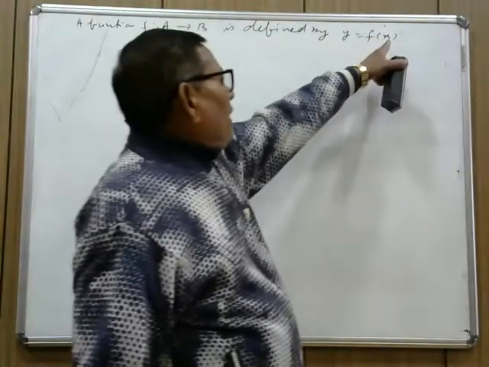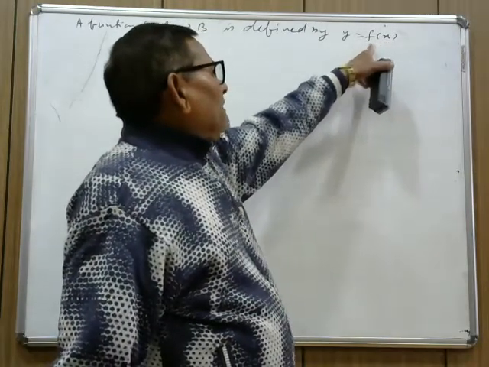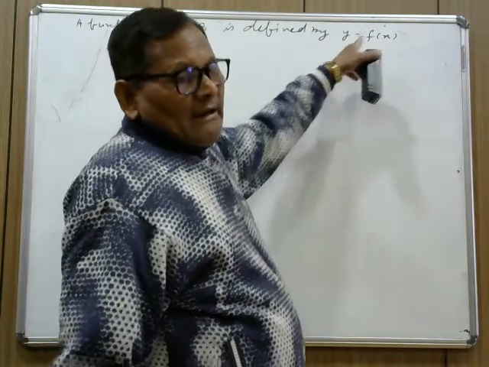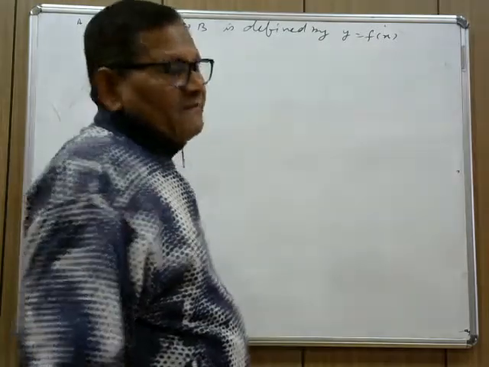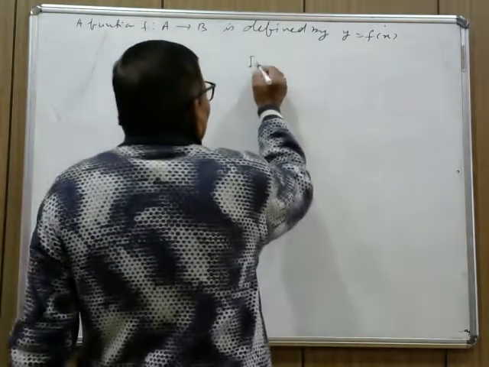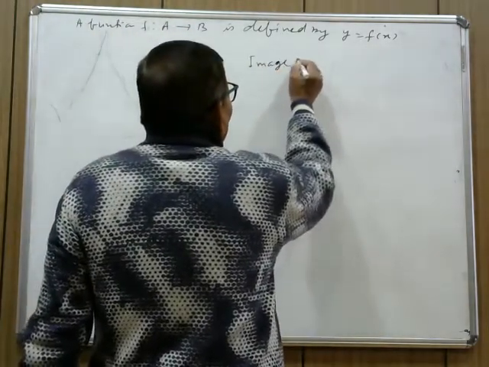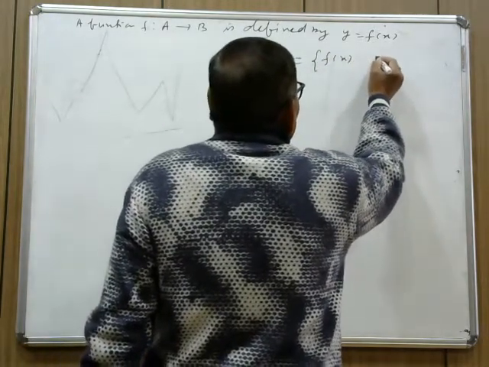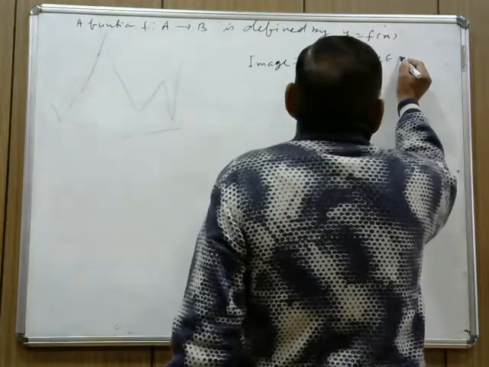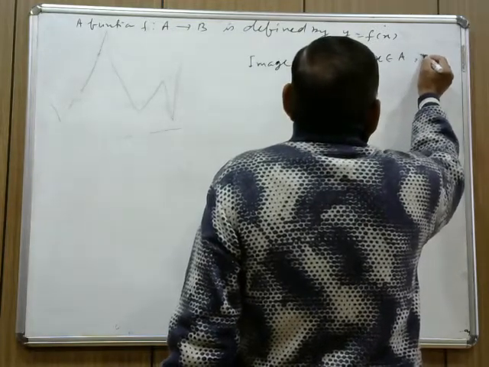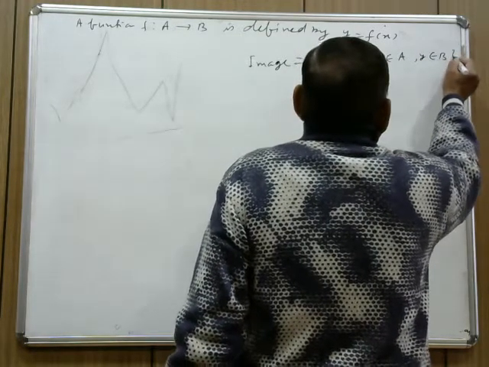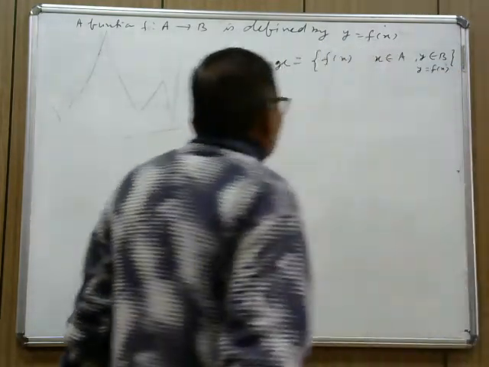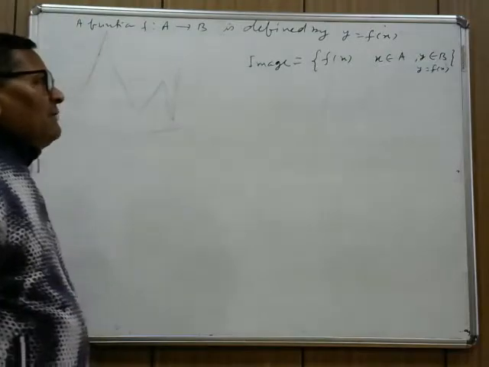When you find the value of x under f, the collection of y, the collection of f(x) is the image. Your image is defined as all f(x) such that x belongs to A and y belongs to B, where y equals f(x). You remember this thing. This is the collection of image.